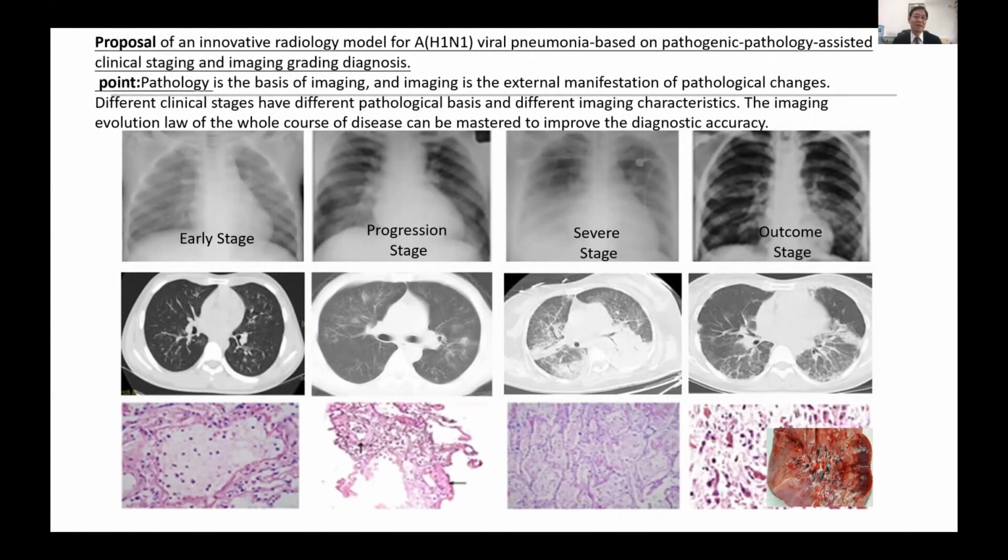The purpose is that pathology is basically image, and image is the external manifestation of pathological changes. Different clinical stages have different pathological bases and different image characteristics. The image evaluation of the whole course of a disease can be measured to improve diagnostic accuracy.